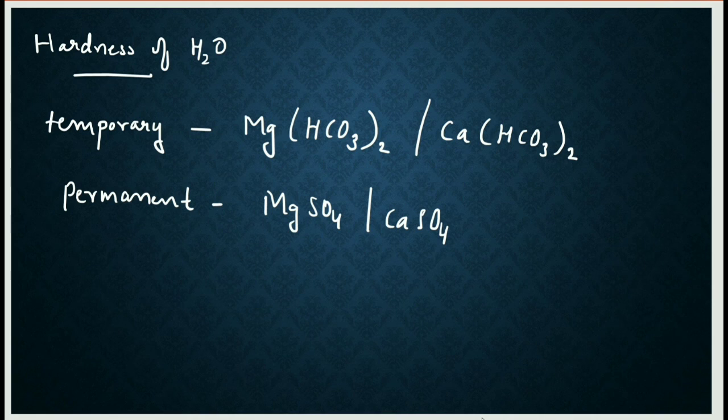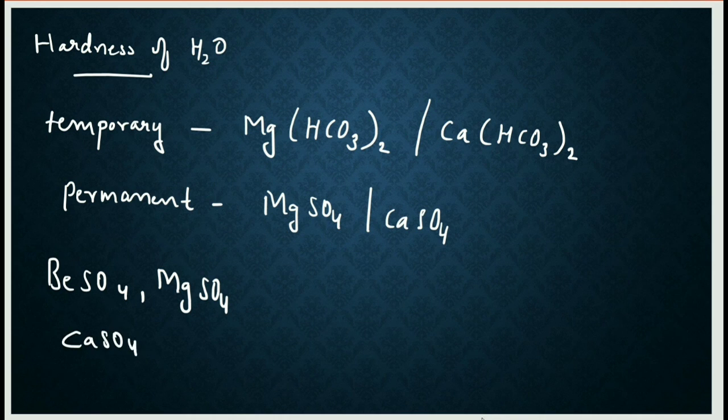Then talking about the sulfates of alkaline earth metals, beryllium sulfate and magnesium sulfate are soluble, calcium sulfate is sparingly soluble, and strontium, barium, radium sulfates are insoluble.